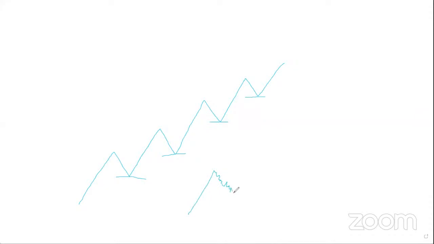Then another smooth impulse, then a noisy retracement. Impulse smooth, retracement noisy, repeatedly. Now that is where we currently are.